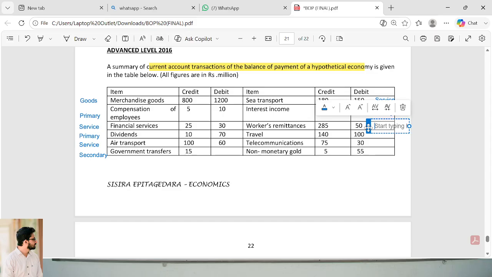Compensation of employees belongs to the primary income account, but workers' remittances belong to the secondary income account under private transfers. This is the biggest component of the secondary income account in Sri Lanka. Did you get what I said? Clear?